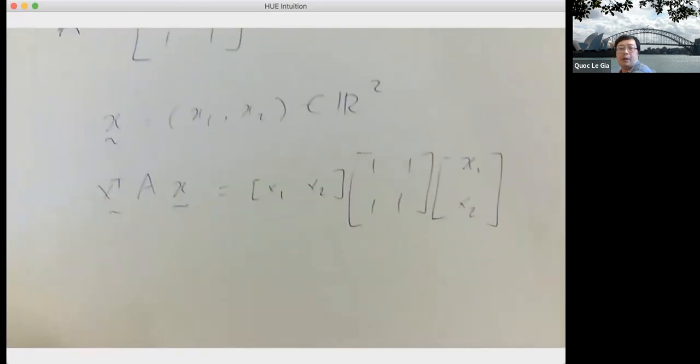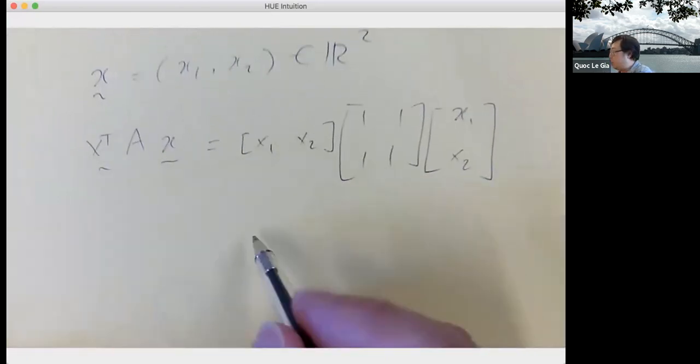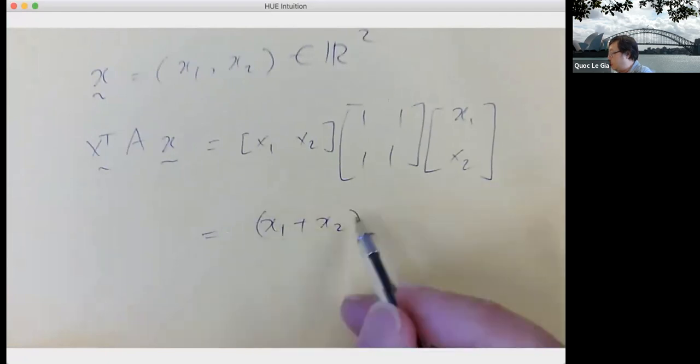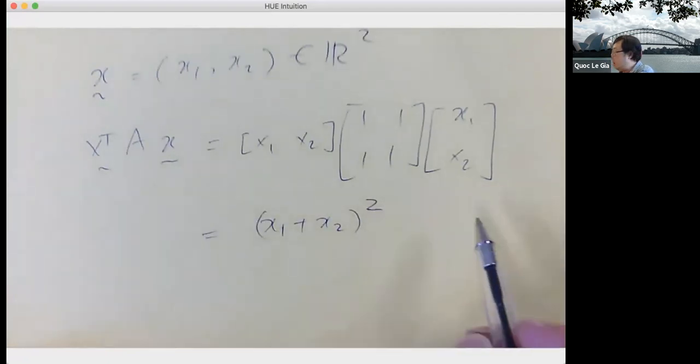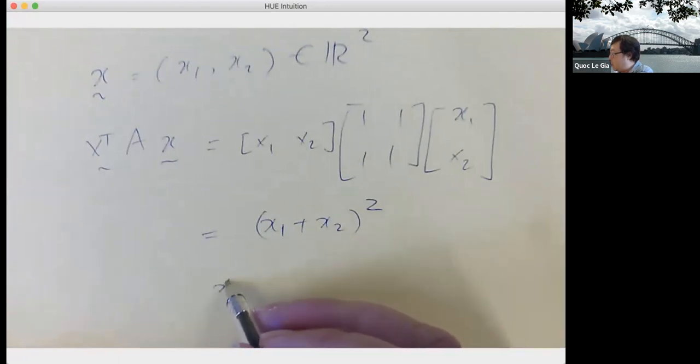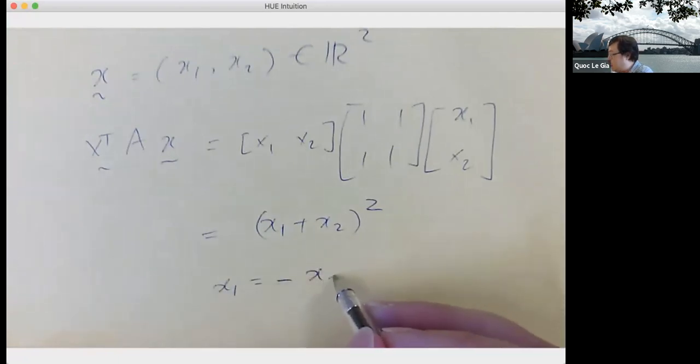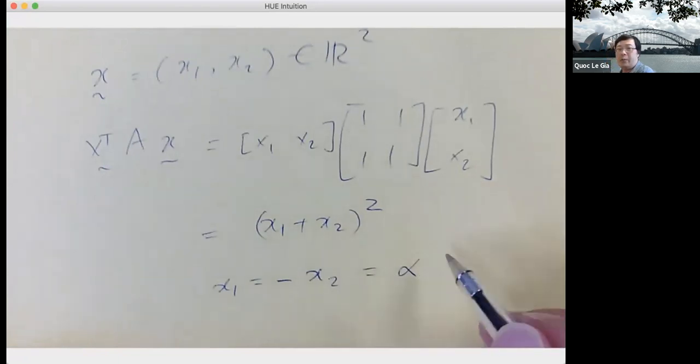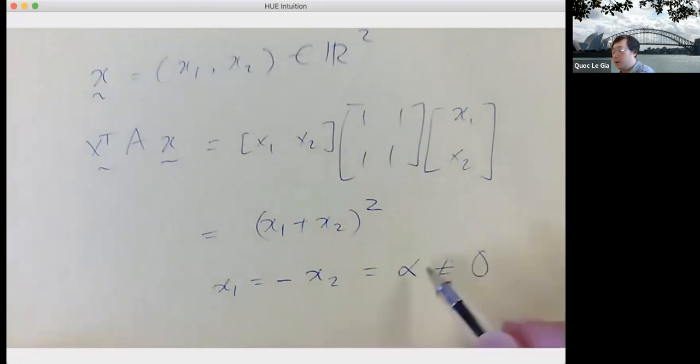And remember last time we computed this one, it will be (X1 plus X2) squared. Now, if you put X1 equal to minus X2 equal to some alpha, where alpha could be non-zero, then X transpose AX equals 0.